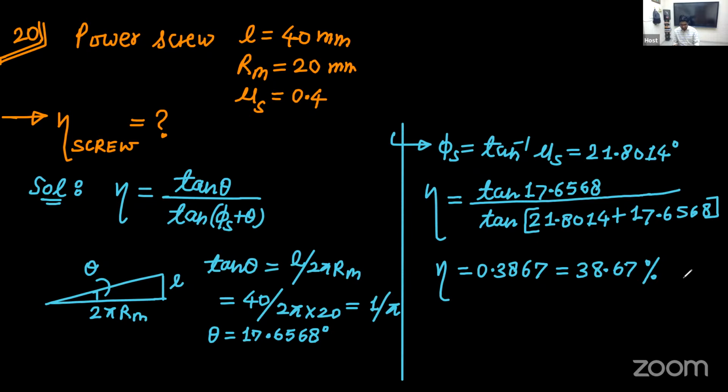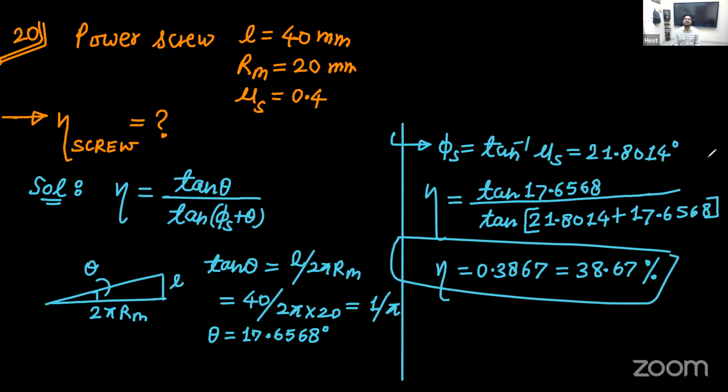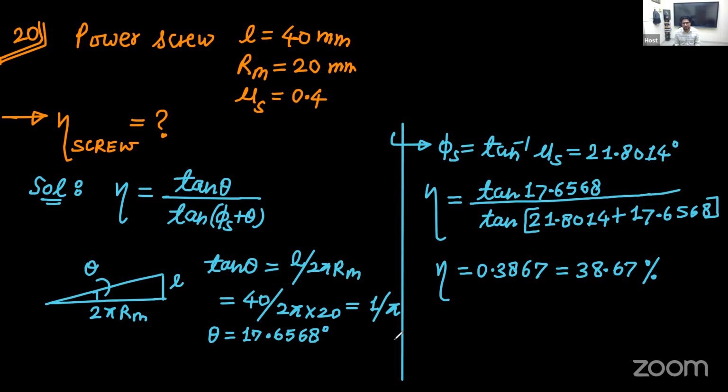Let's try. This efficiency value is not very high, and we would certainly like to know if there is anything we can do to get the maximum value of efficiency possible.